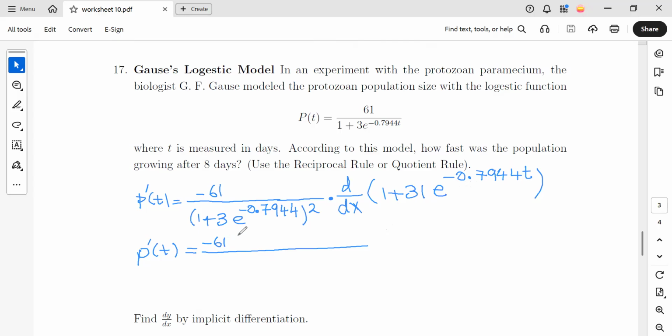So we would have negative 61 times 31 times negative 0.7944 and a copy of that, which is negative 0.7944t, all over 1 plus 31 e to the power negative 0.7944t to the power 2.